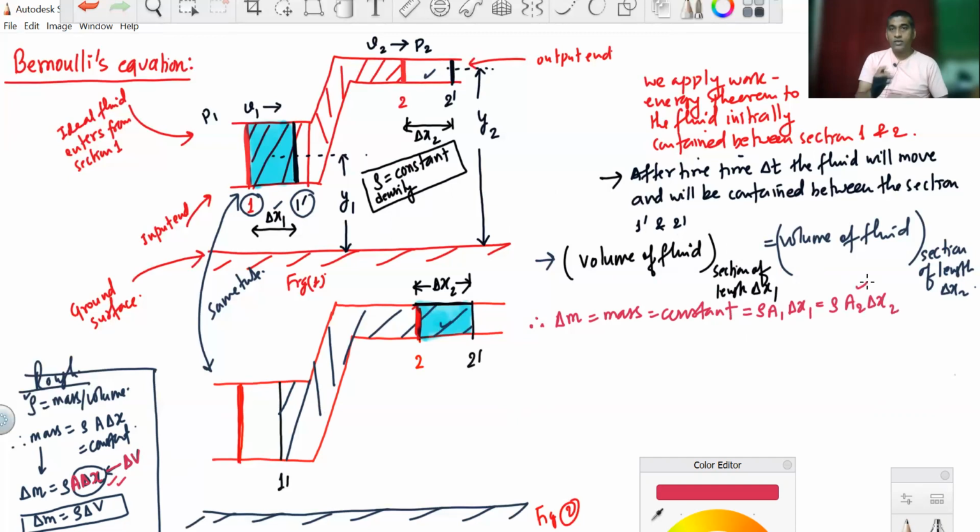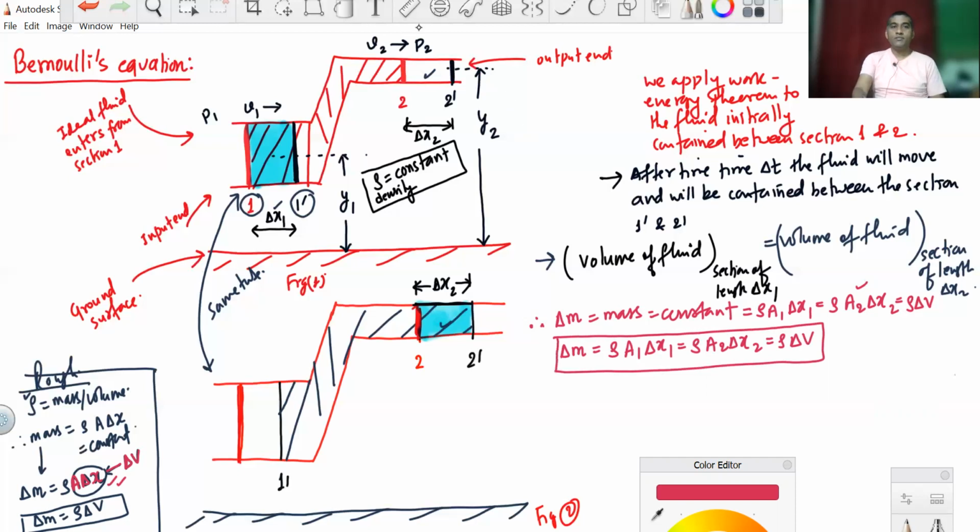This is for section 2, and we can also write this equals rho times delta V. So we can write delta M equals rho A1 delta X1 equals rho A2 delta X2 equals rho delta V.